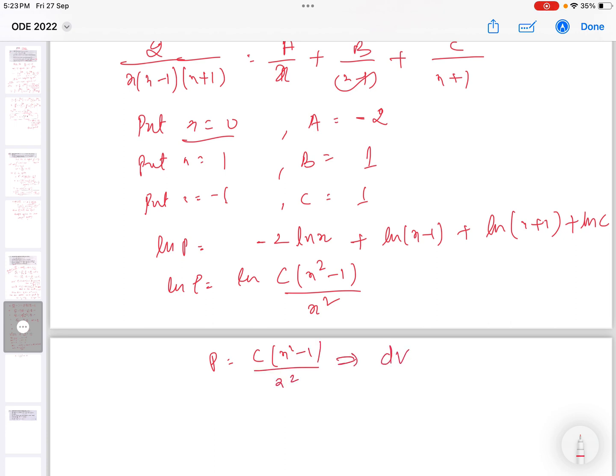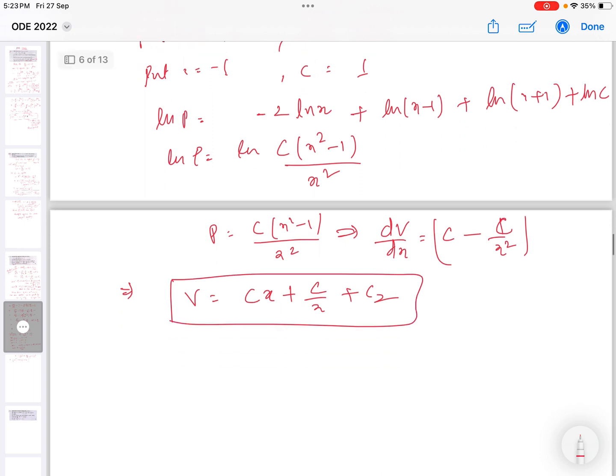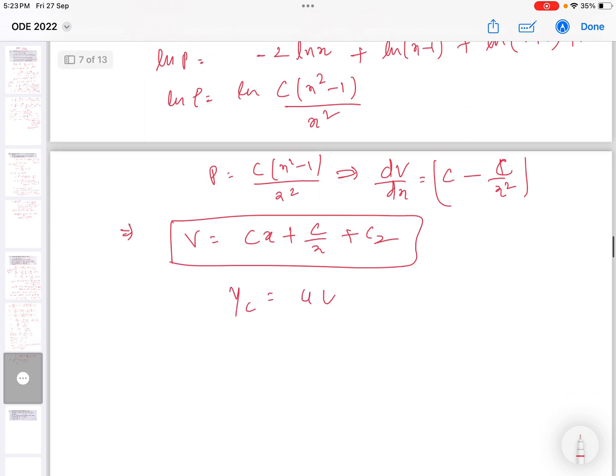dv by dx is equals to c times 1 minus 1 by x squared, if I'm not wrong. Fine. So v is equals to, we will be integrating, c x plus c by x, plus c2. So there will be another constant that comes up in this equation. So this becomes v. So y complementary is nothing but uv.